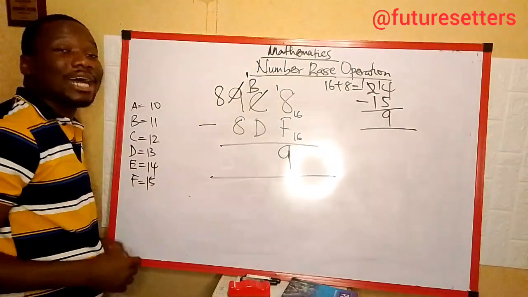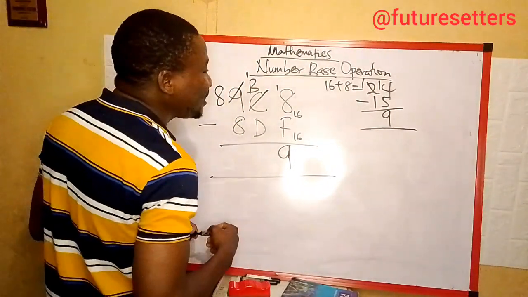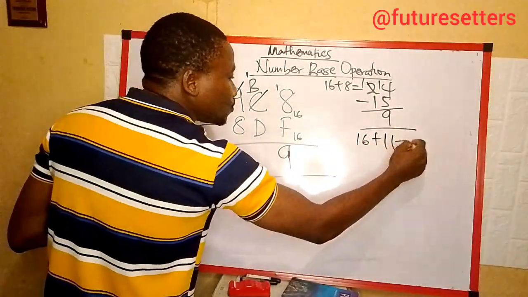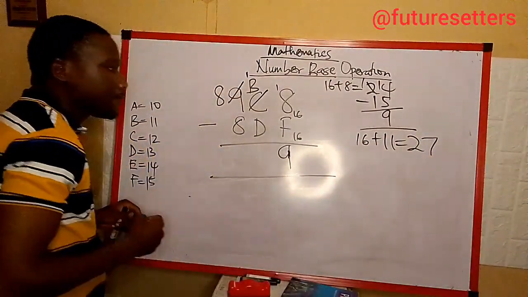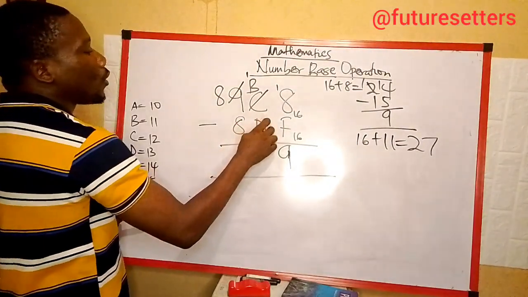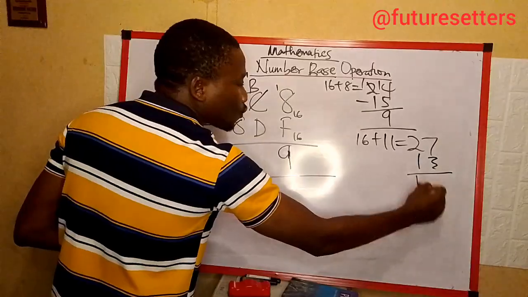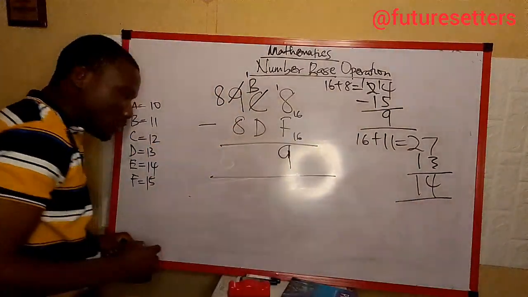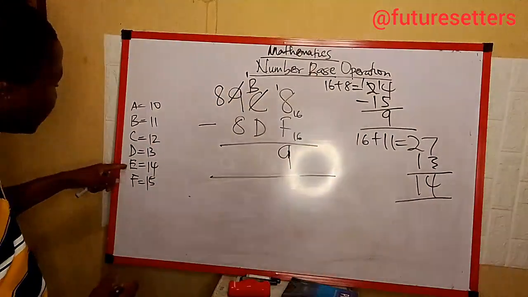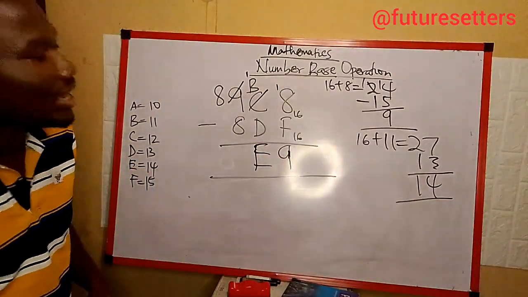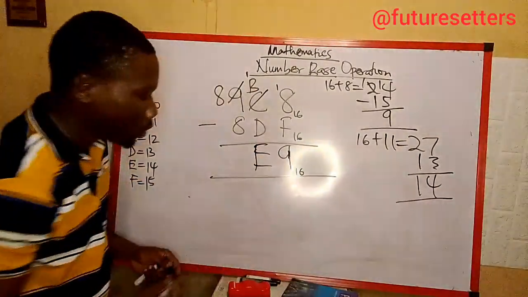You are adding 1 to B. You know it's 16 you are adding to B. What's B here? 11. That gives us 27, right? So we are subtracting 13 from 27, and what's D? 13. To give us 14. So now you ask yourself, what is 14? 14 is E.